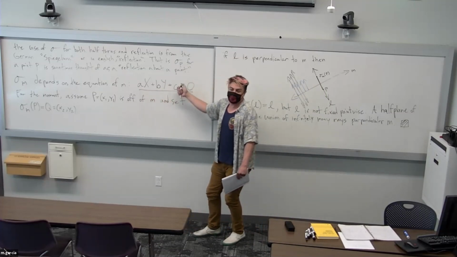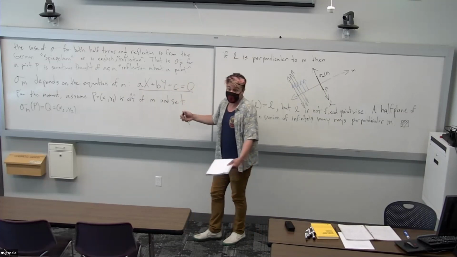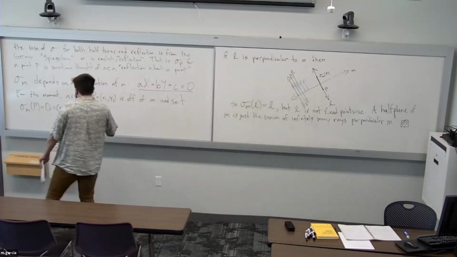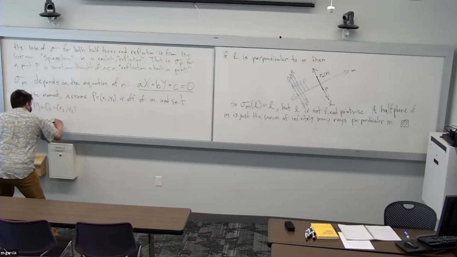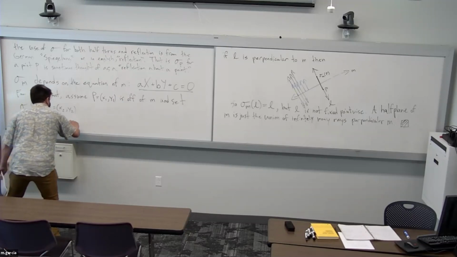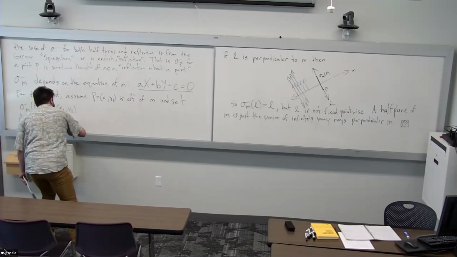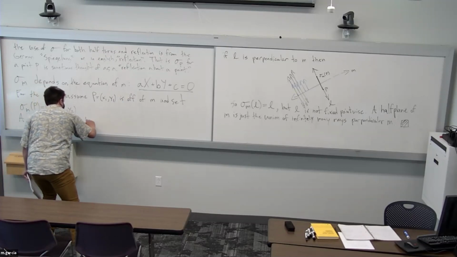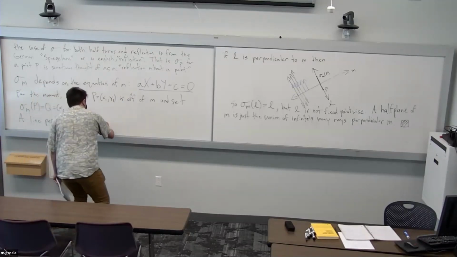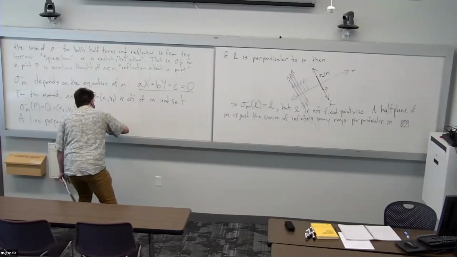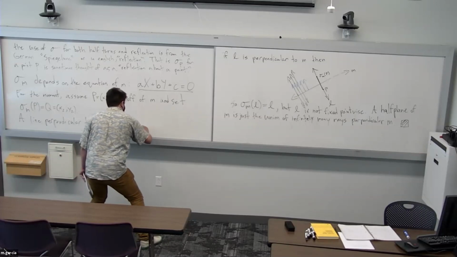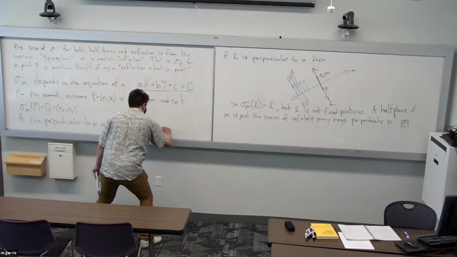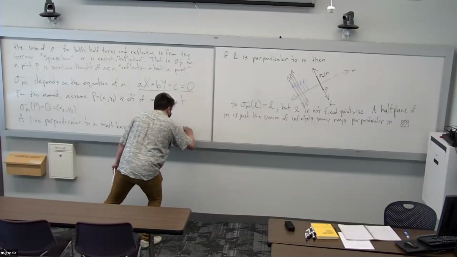We don't necessarily have to carry the same c. It could be any constant. So a line perpendicular to M must have an equation of the form.